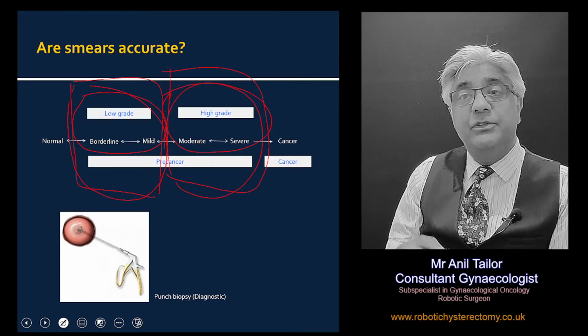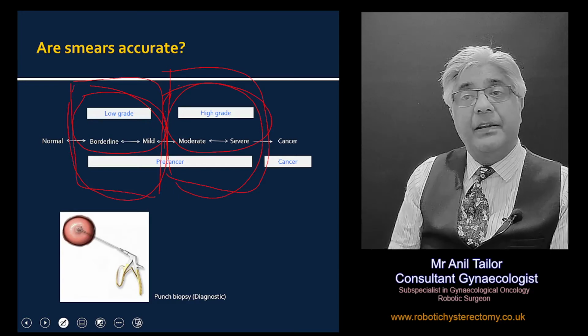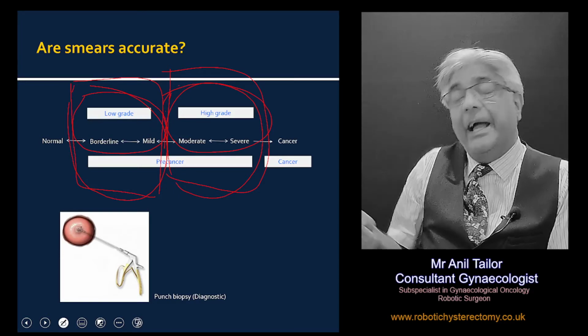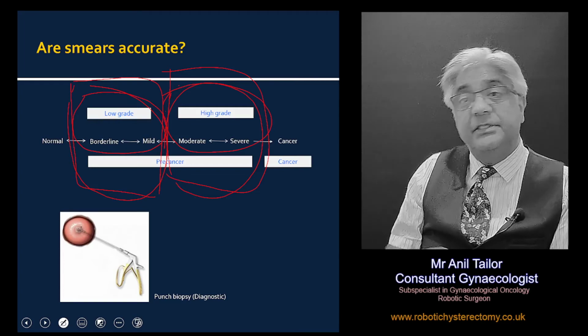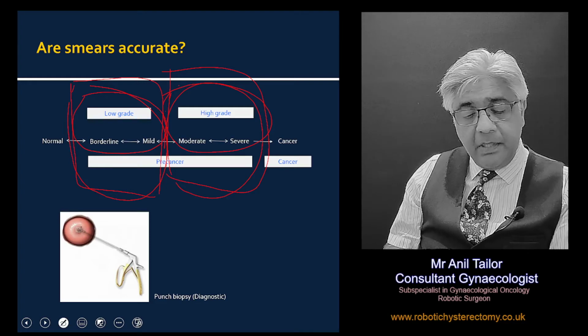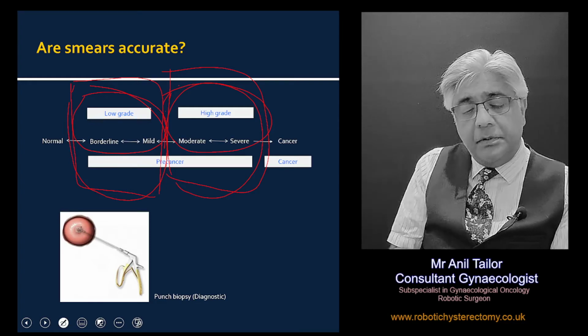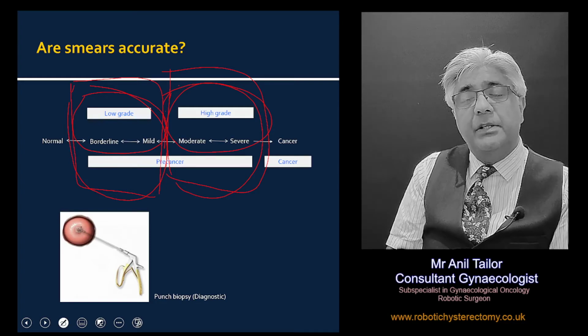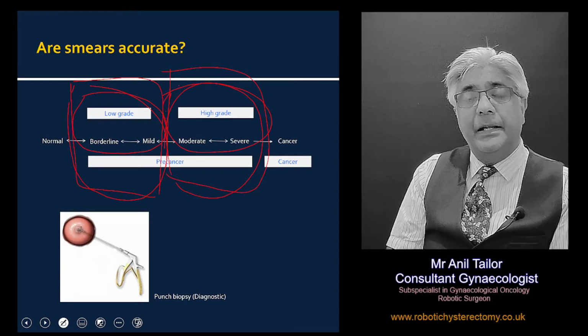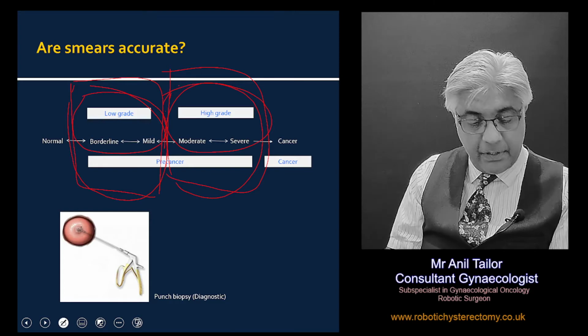If you don't need treatment, then we shouldn't be carrying that out, because perhaps that could have consequences, say, in future pregnancies. So that's the purpose of doing colposcopy, to find out whether the smear is correct and then tailor the treatment accordingly.